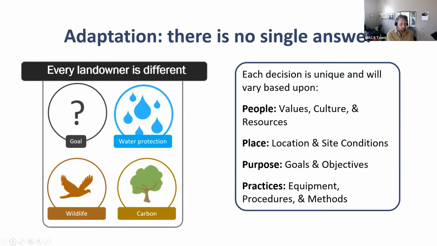This is where we're coming from in our approach to adaptation and the adaptation planning process: all of these components are guiding us to determine the most appropriate adaptation actions that we can take.